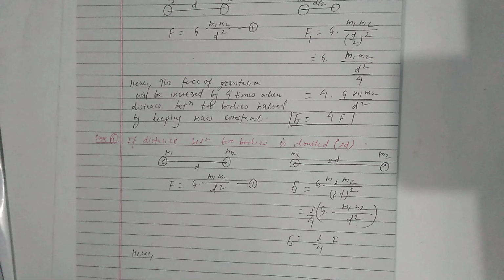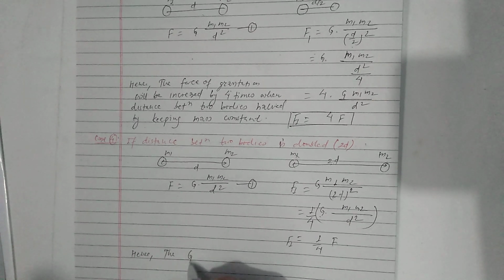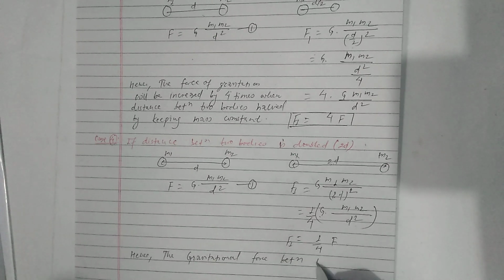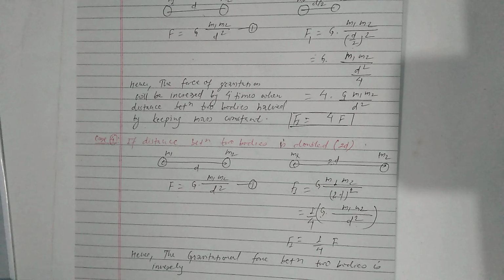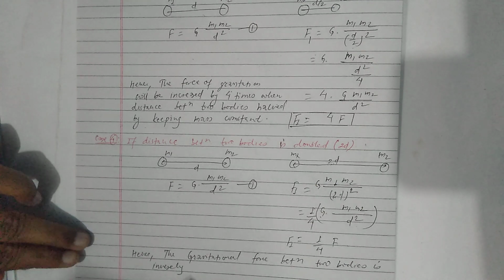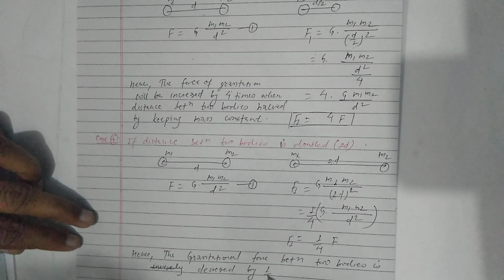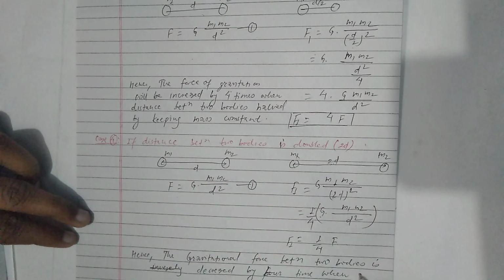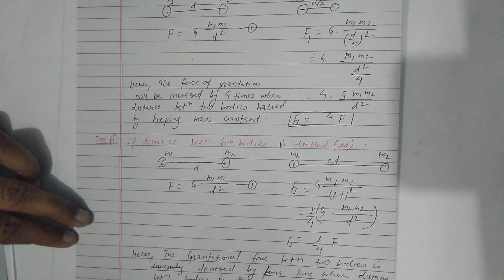So you can write like this: the gravitational force between two bodies is decreased by 4 times when the distance between the bodies is double.